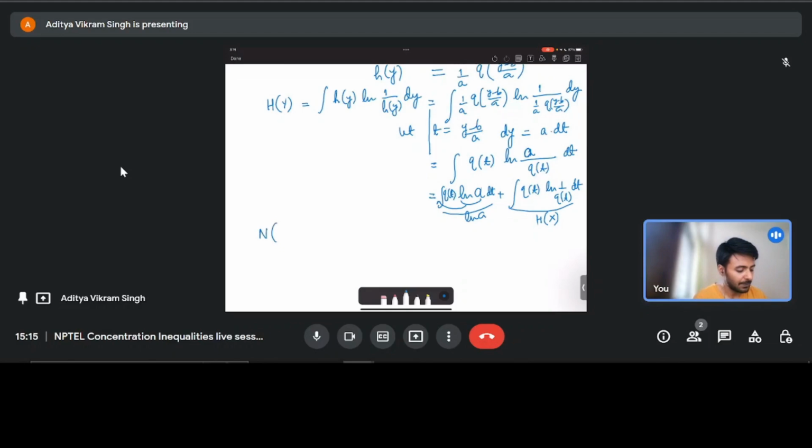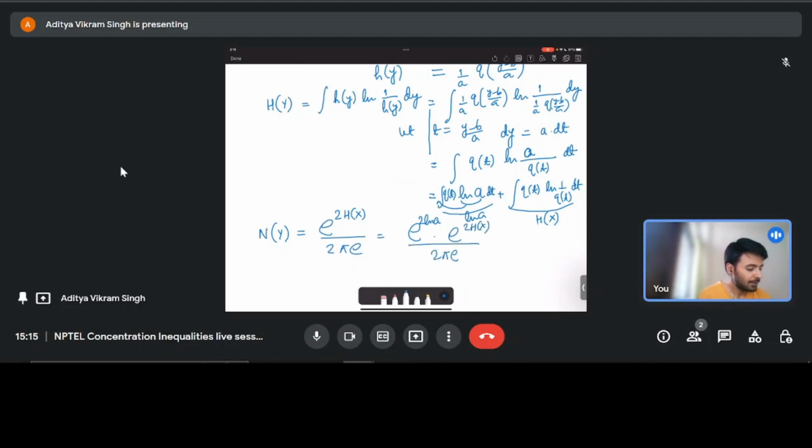So now we want to compute the entropy power. n(y) is e to the power 2h(y) by 2 pi e, right? So what we'll have is e to the power 2 ln a times e to the power 2h(x) by 2 pi e.